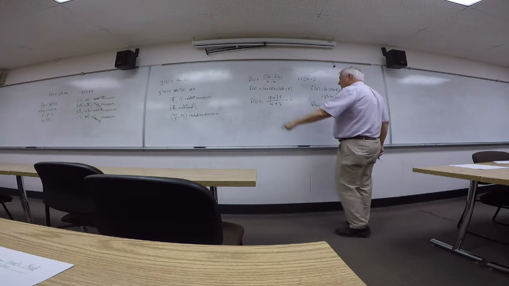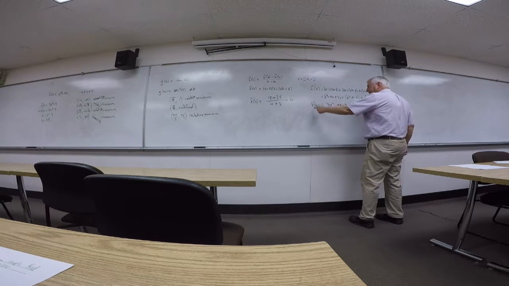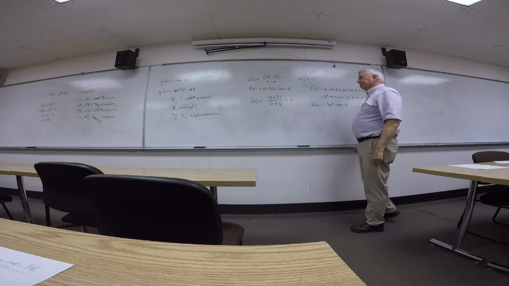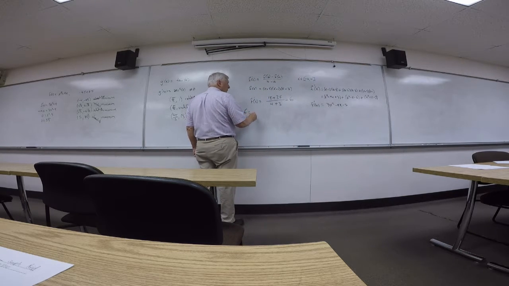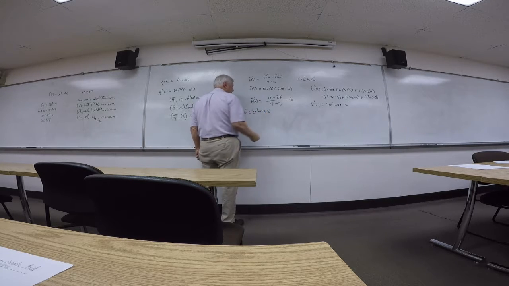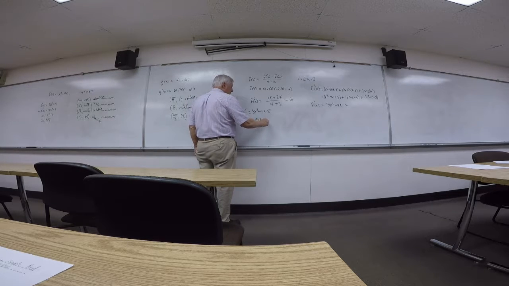Well, we want to find the values of c that make f prime equal to 6. So we have this equation to solve. 6 is equal to 3x squared minus 4x minus 5. That is, 0 is equal to 3x squared minus 4x minus 11.